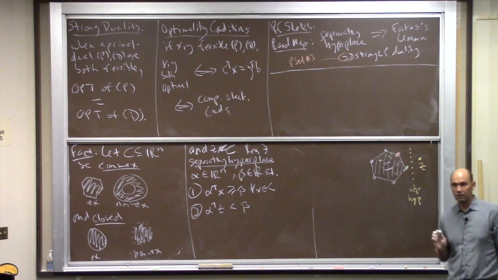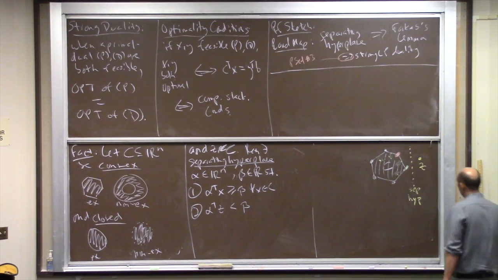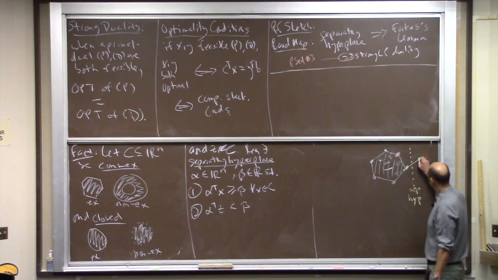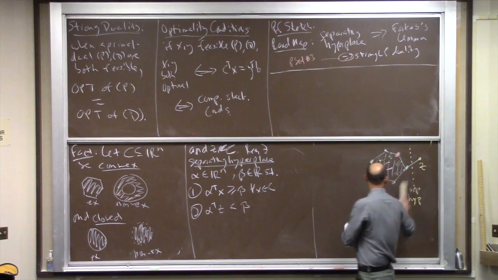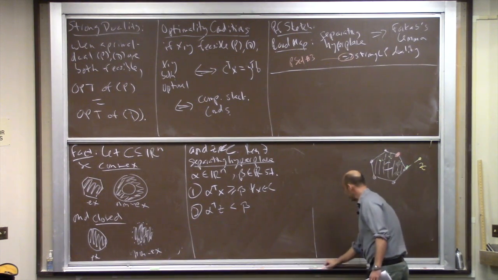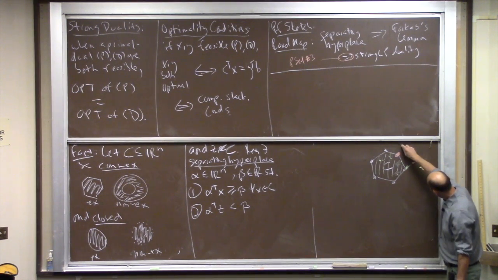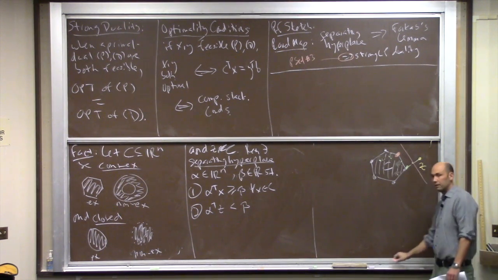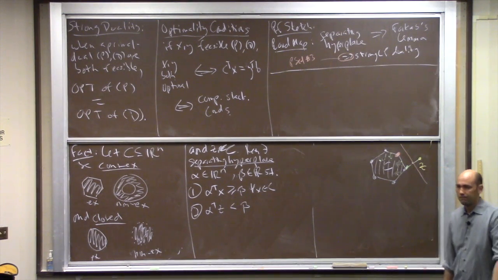By virtue of being closed, there exists a nearest neighbor in C to Z. Then you draw the chord between Z and its nearest neighbor. And then you look at the midpoint of the chord, and you look at the hyperplane perpendicular to the chord. And that works.